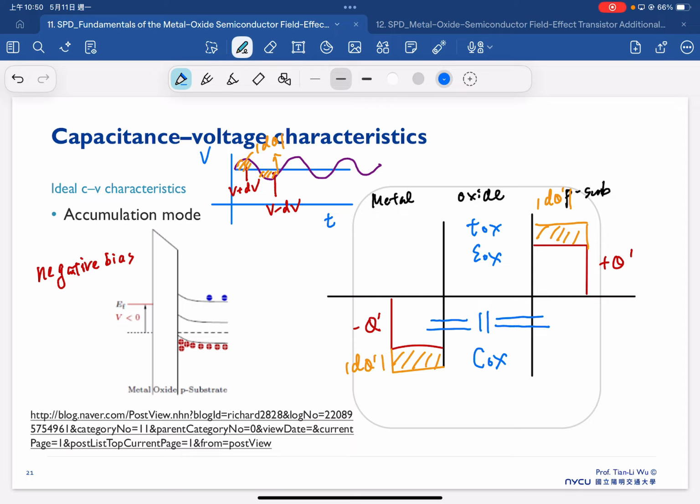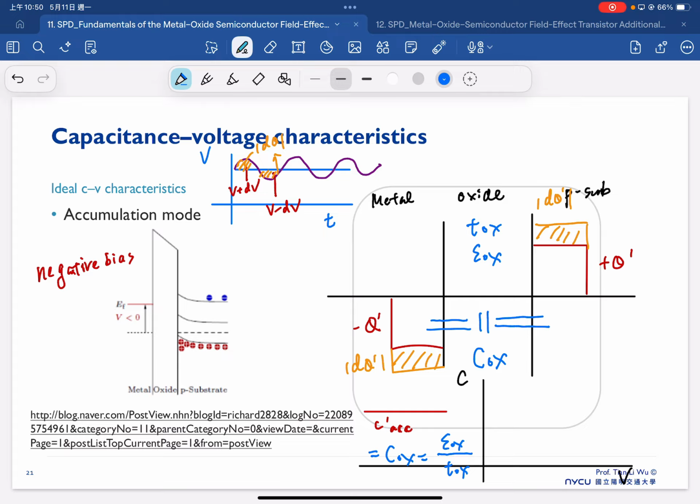So if you try to plot the CV curve under the negative bias condition, you get a flat capacitance C in the accumulation region, which is equal to Cox, which is equal to epsilon_ox over t_ox.